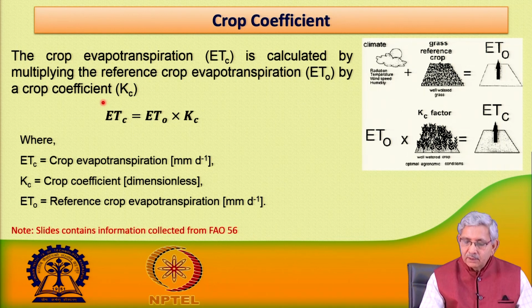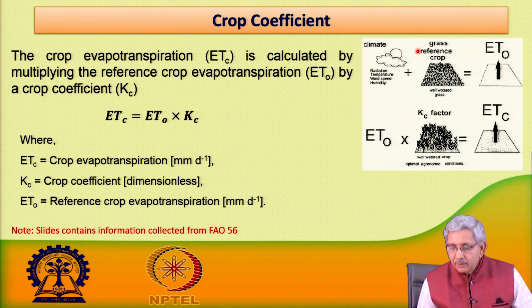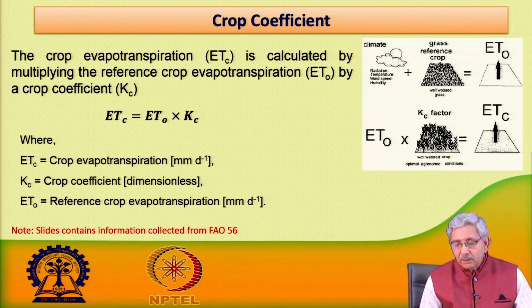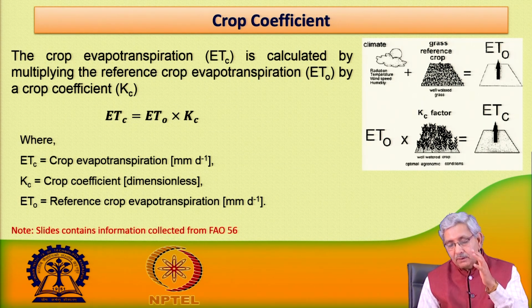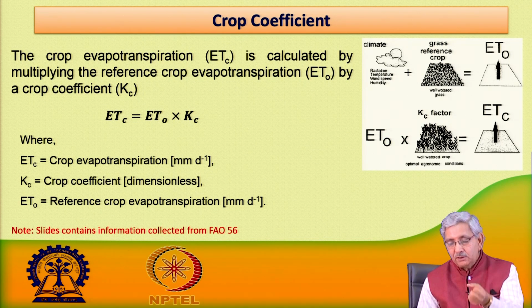ET naught is for grass, the reference crop, used as an ideal crop where well-watered conditions are maintained, and it uses the energy provided by the atmosphere for evapotranspiration.